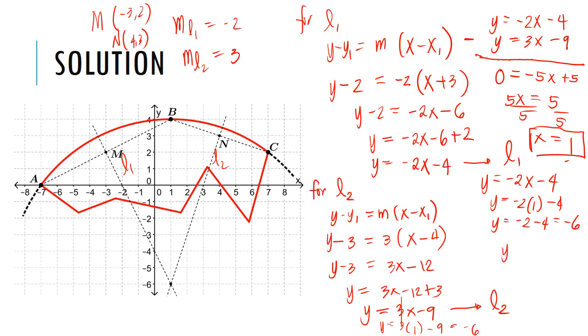So the y coordinate of the center is negative 6. Thus, the center O of the circle has the coordinates 1, negative 6.